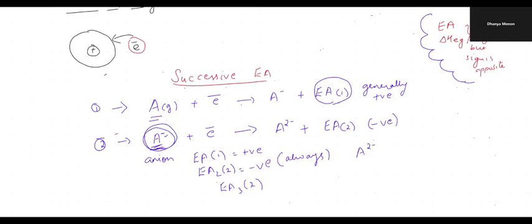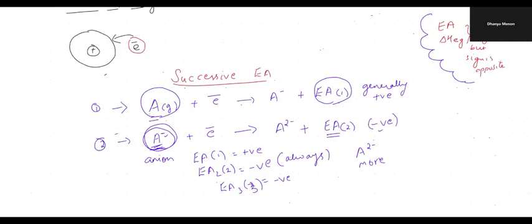It will be more difficult. So definitely EA3 will be more negative, right? Step 1 is easier. Adding an electron to a neutral gaseous atom is easier, so that is why electron affinity 1 is positive. But adding an electron to the anion is difficult, so that is why the second electron affinity is negative, and it's always negative.